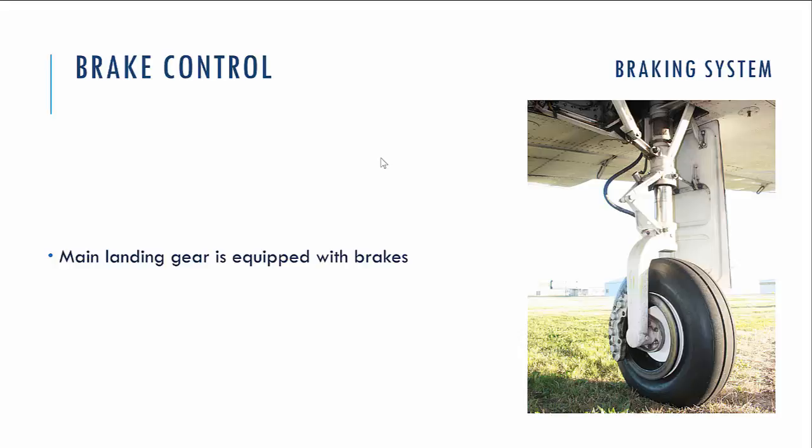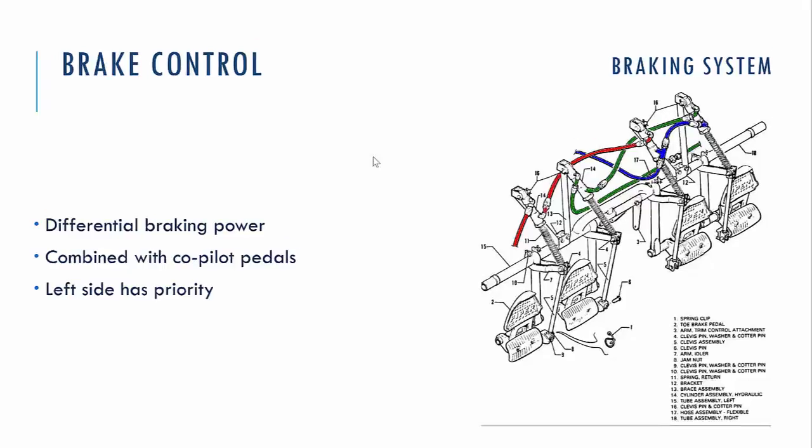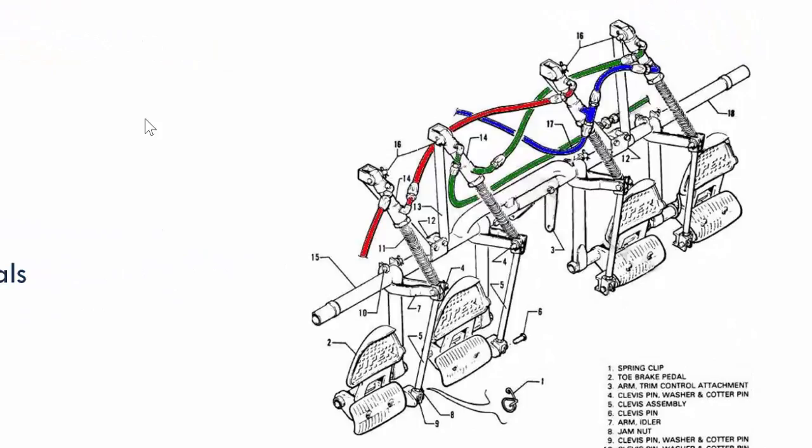I would like to mention that there are usually two sets of pedals in the cockpit, in the cabin, one for each pilot separately, and here we can see that the braking system is differential. For each side of the aircraft, for each main gear, we use separate pedals to apply braking action.